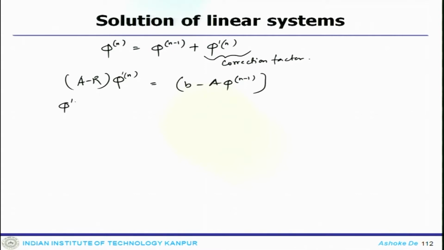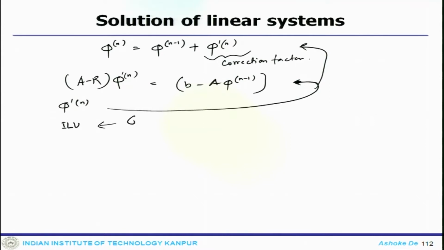Once you get phi prime n, then you can use that value to update the phi n. The ILU factorization can be performed using the Gauss elimination process, while dropping some diagonal elements at different locations.